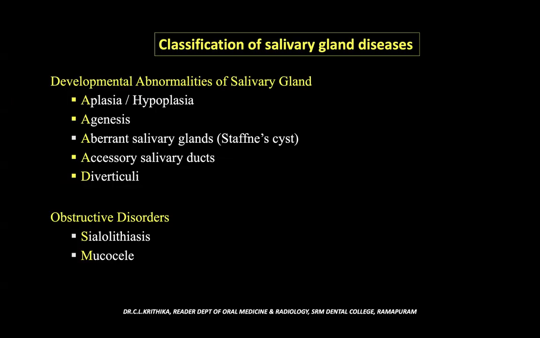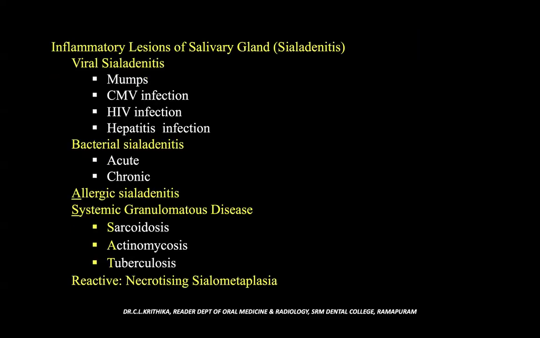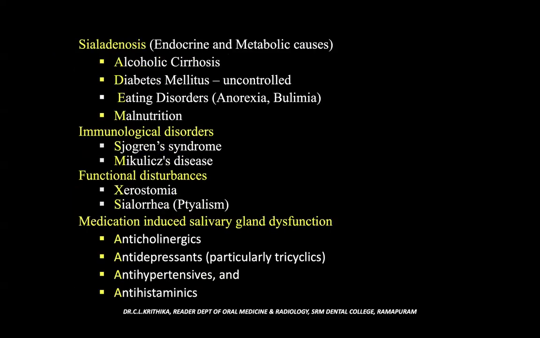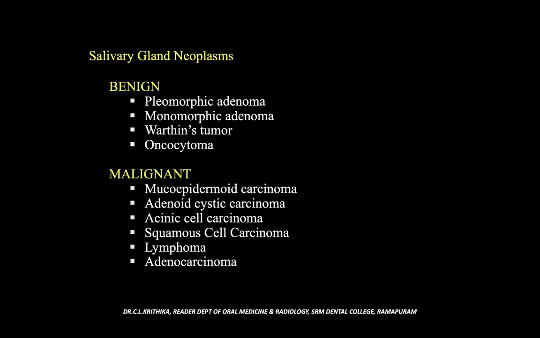It includes developmental abnormalities, obstructive disorders, inflammatory lesions of the salivary gland, which can be viral, bacterial, then allergic sialadenitis, systemic granulomatosis, reactive lesions, sialadenosis, immunologic disorders, functional disturbances, medication-induced salivary gland dysfunction, and last is the salivary gland neoplasms, which can be benign and malignant.